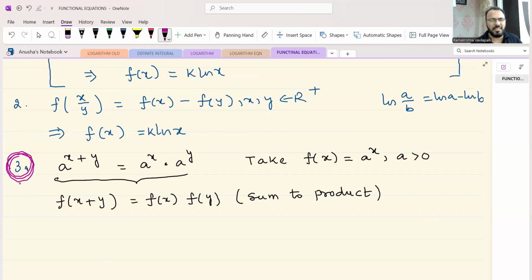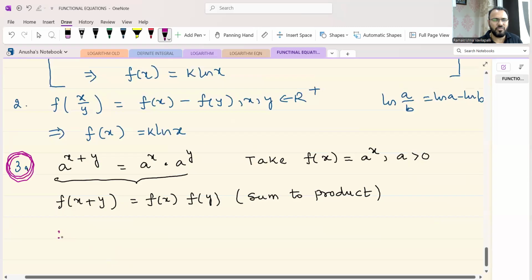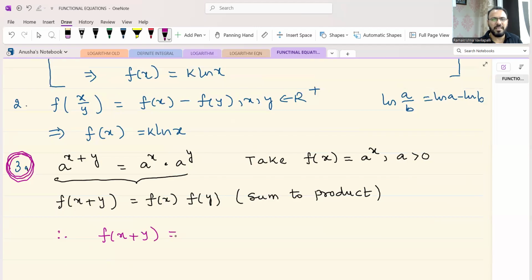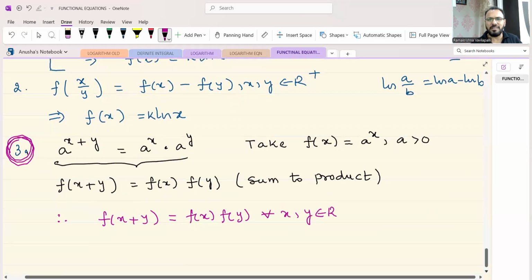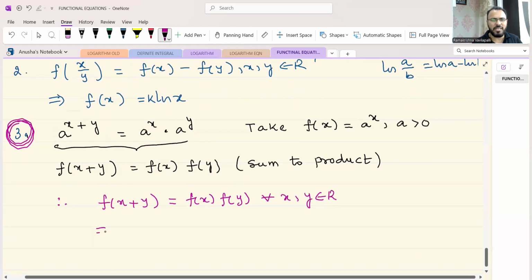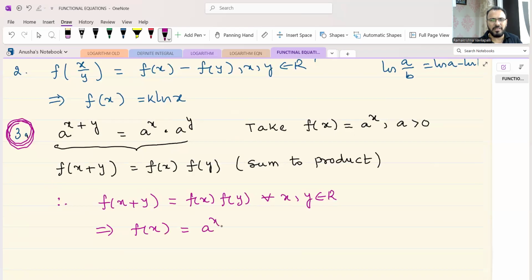Very frequently. So f of x plus y equals f of x into f of y for all x comma y belongs to R. In the previous one, it was only R plus. What is the function satisfying this relation? The function satisfying this relation is a to the power of x.